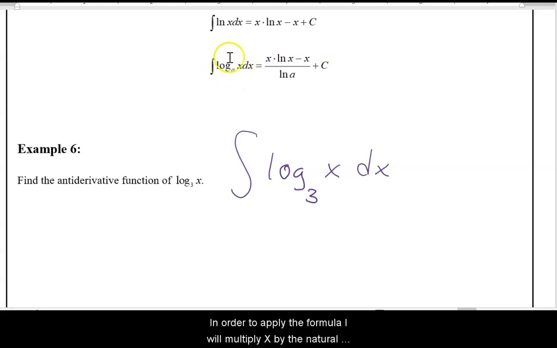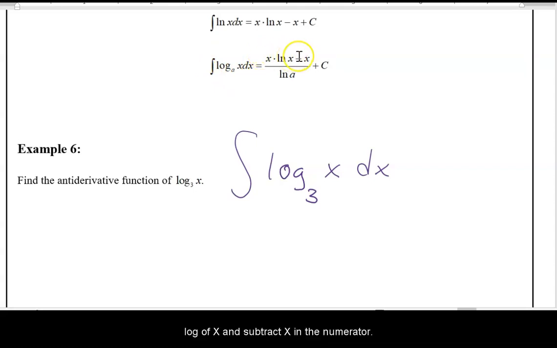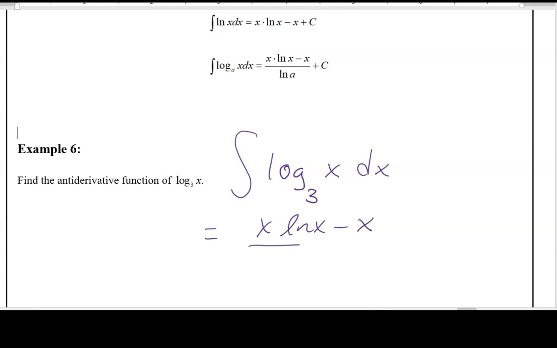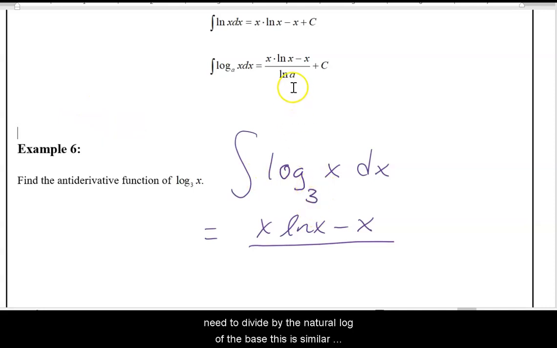In order to apply the formula, I will multiply x by the natural log of x and subtract x in the numerator. This gives me x natural log of x minus x. Because the base, however, was not Euler's number e, I need to divide by the natural log of the base.